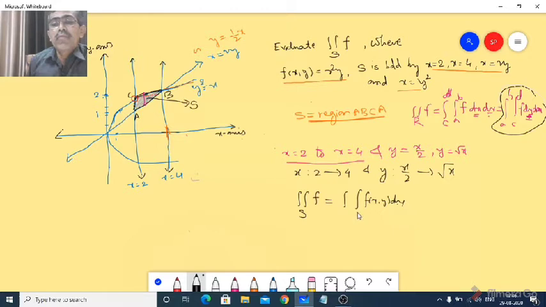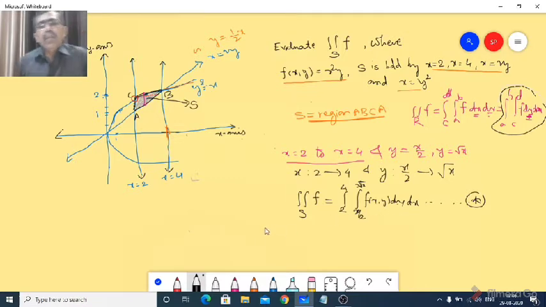Write the limits of y first here, x by 2 to root x, and then with respect to x, the limits of x are 2 to 4. So this is one repeated or iterated integral. I have expressed the integral of f over S as an iterated integral.